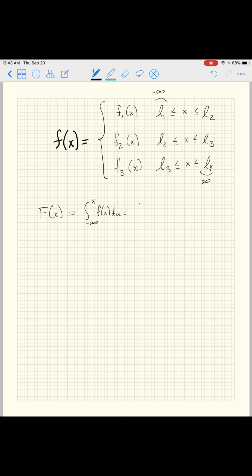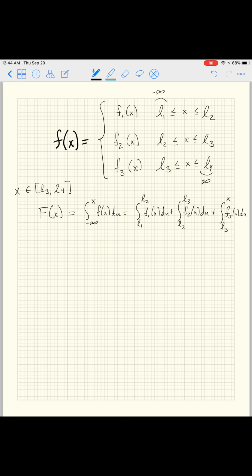So I have to cut that up into going from L1, which could be minus infinity in this case, all the way up to L2 of f1 of u du, plus L2 to L3 of f2 of u du, plus L3 to L4 of f3 of u du, where this last one I'll actually make equal to x, for the case where x is between L3 and L4.